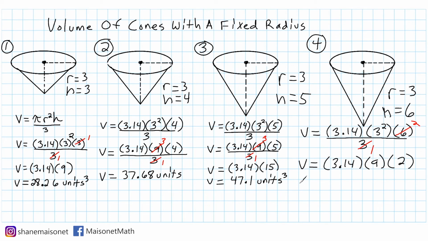So what we're going to do is we're going to take 3.14 and we're going to multiply that by 18. And that gives us a volume of 56 and 52 hundredths cubic units.